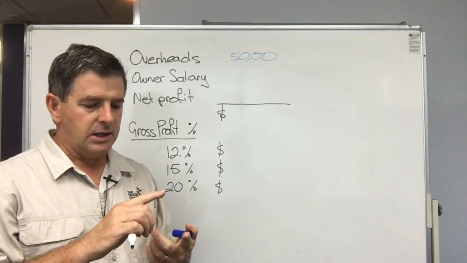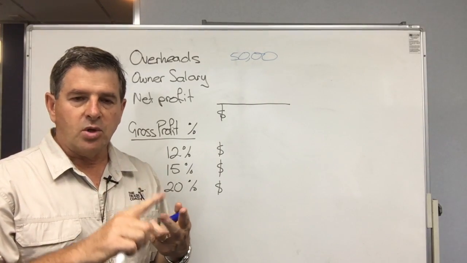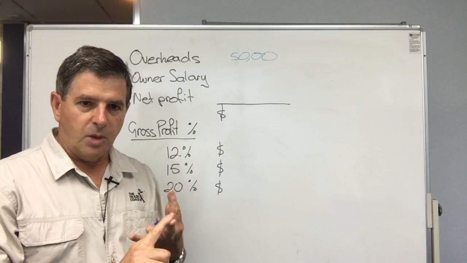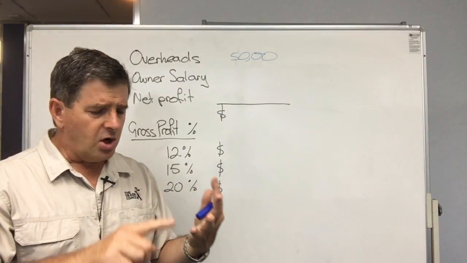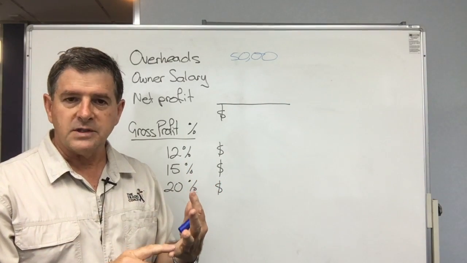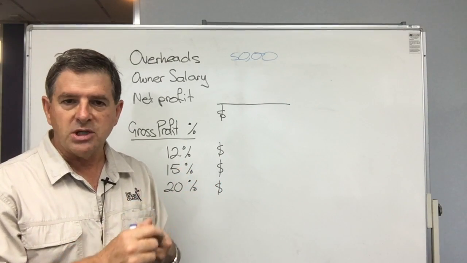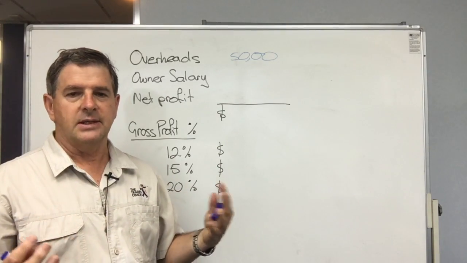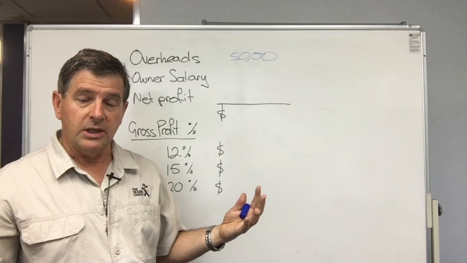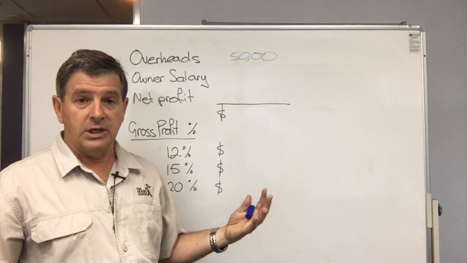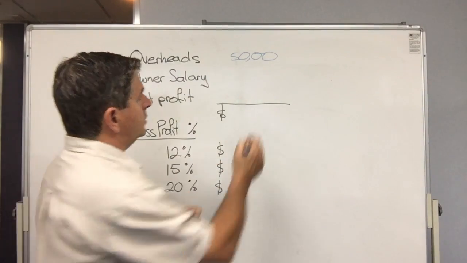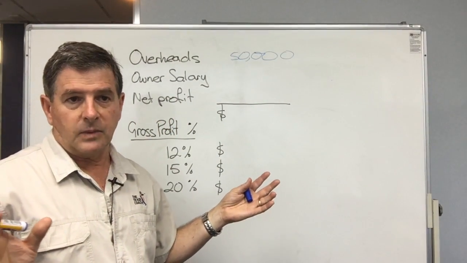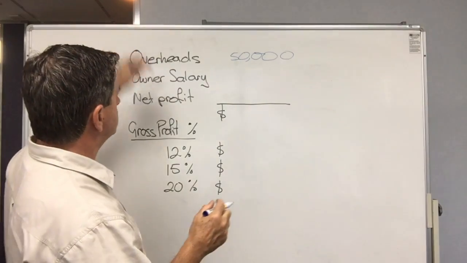These are things like vehicle costs, insurances, phone costs, the cost to rent an office if you have one, administration costs, accounting fees, legal fees, all those things that basically are what it costs you to get out of bed in the morning without having to do any kind of work. So, missing a zero there. So in our business, we're looking at $50,000 of overheads.